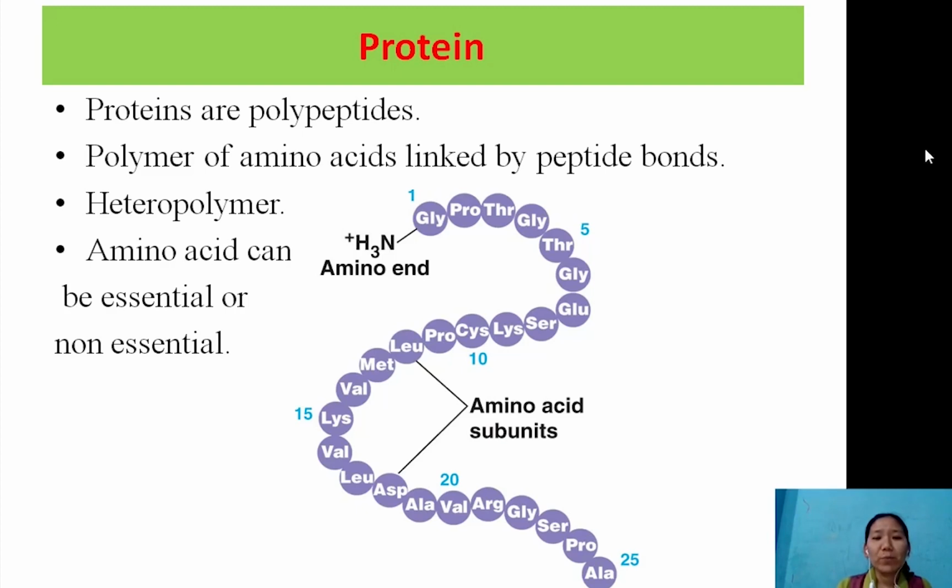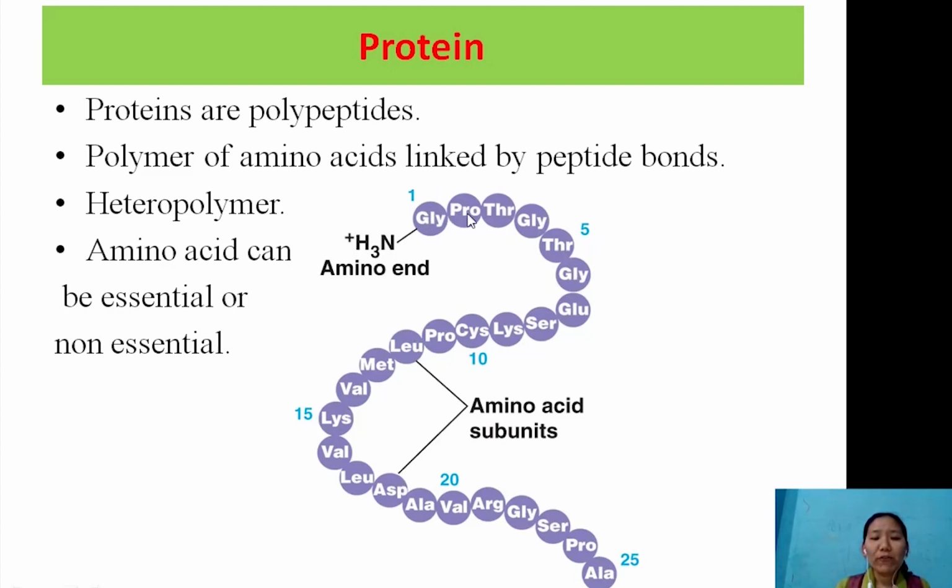So in this picture, you can see these are the different amino acids. Amino acid number 1, 2, 3, 4, 5, and so on. And you can find different amino acid combinations forming a polypeptide chain. So this is a polymer made up of monomers. Each amino acid here is a monomer, and this complete chain of amino acids is a polymer.